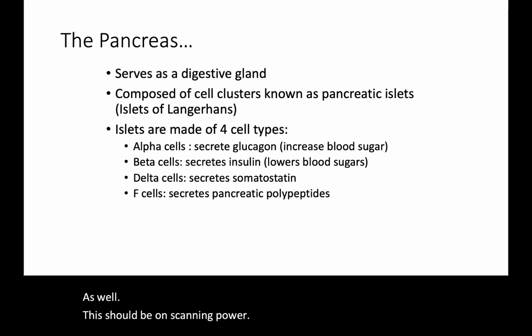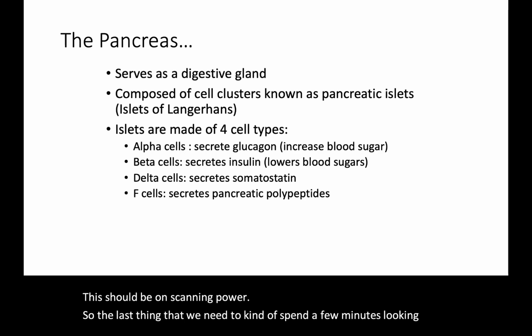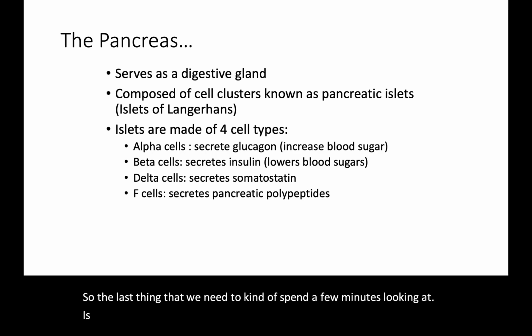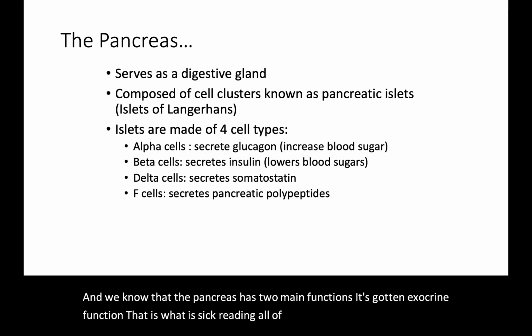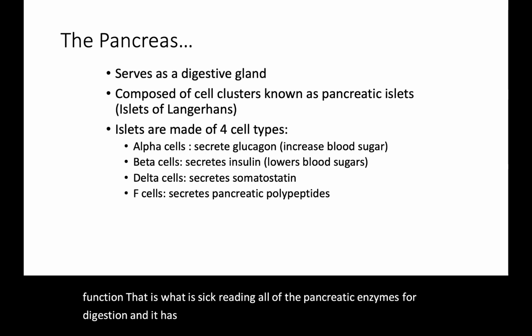And so the last thing that we need to spend a few minutes looking at is the pancreas. And we know that the pancreas has two main functions. It's got an exocrine function. That is what is secreting all of the pancreatic enzymes for digestion. And it has an endocrine function.